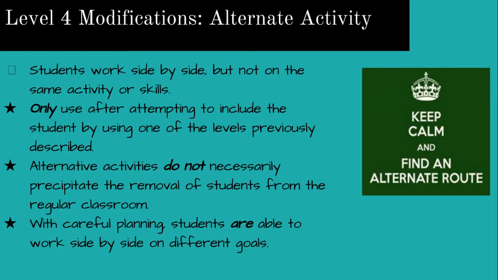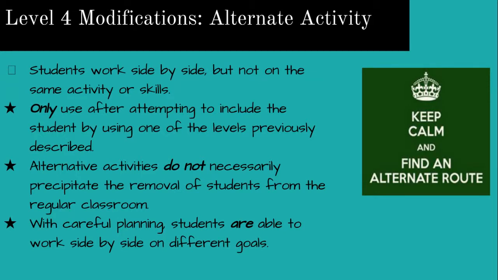An example of an alternate activity. If you are teaching a standard in the class and there's no alternate eligible content, which is what students who take the PASA are assessed on, they have the opportunity to be working on IEP goals or another goal that they have related to the content.